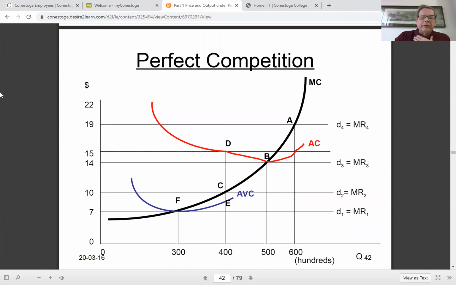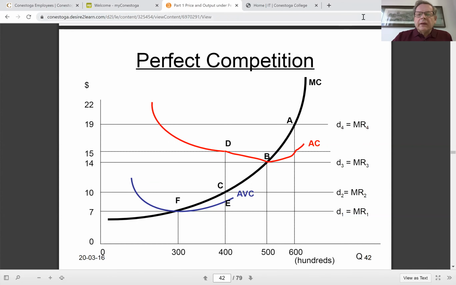So here we go. We've got our marginal cost curve, the big thick black line. Here is our marginal revenue curve, D4, D3, D2 and D1. And we want to know what's happening at points A, B, C, and D.